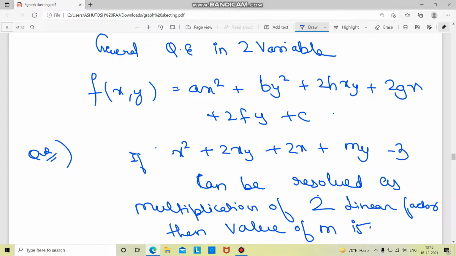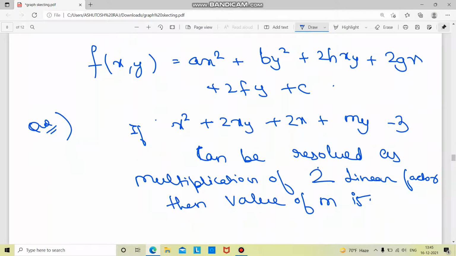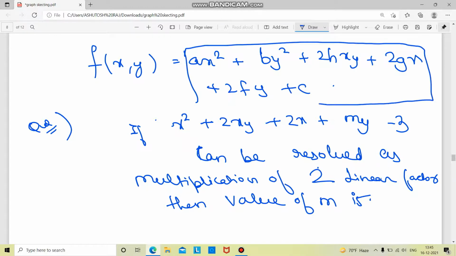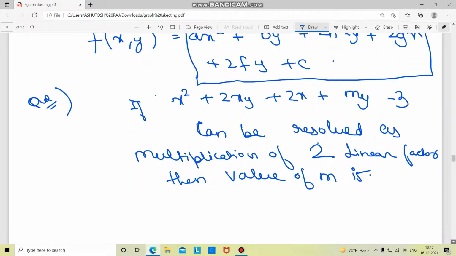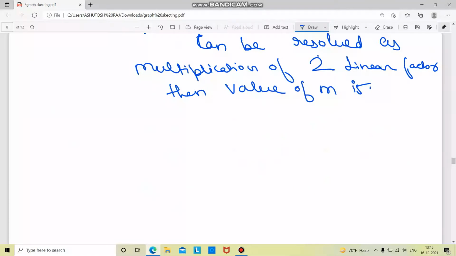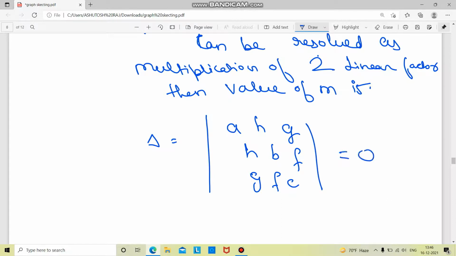So we have to write a condition for this two-degree quadratic equation to resolve it into two linear factors. The condition is something like this. It is a determinant, delta is equal to |a h g; h b f; g f c| equal to 0.